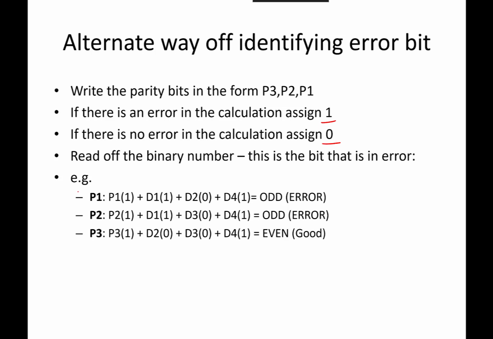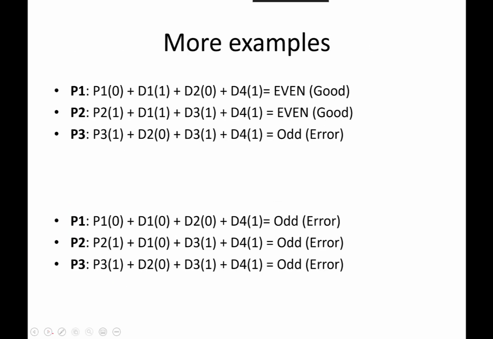So this was our first example before. We had error, error, no error. So if we write that as 110, and we write it as 011 like that, that's equal to 3 in decimal, and it was bit 3 that was the bit that was in error. Let's have a quick run through the other ones.